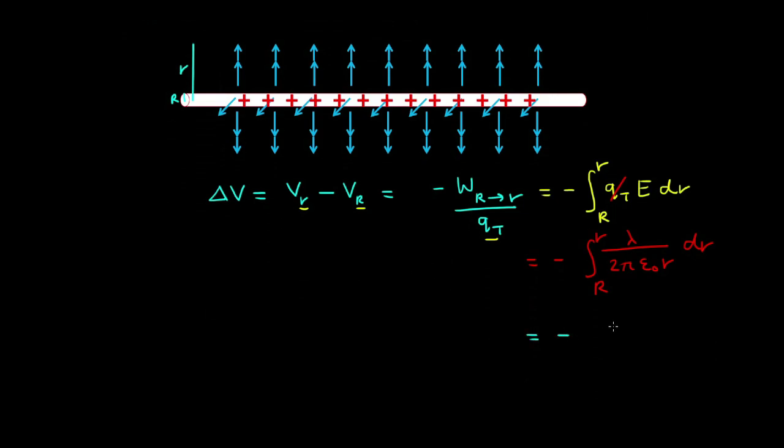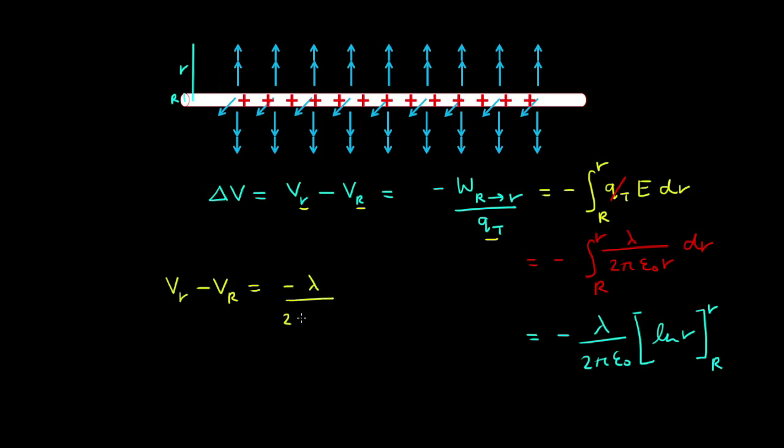we have minus lambda on 2 pi epsilon naught, and evaluating this integral gives the natural log of r, evaluated from capital R to small r. So therefore the change in electric potential between those 2 points is minus lambda on 2 pi epsilon naught by the natural log of r minus the natural log of the radius of the cylinder.